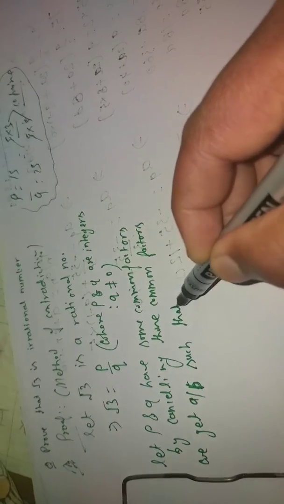Means by cancelling from p by q, we are getting a by b, such that a and b are co-prime numbers now. Means you will be cancelling again and again till you get co-prime numbers. So a and b are co-prime numbers.